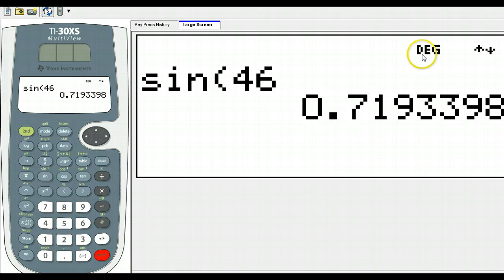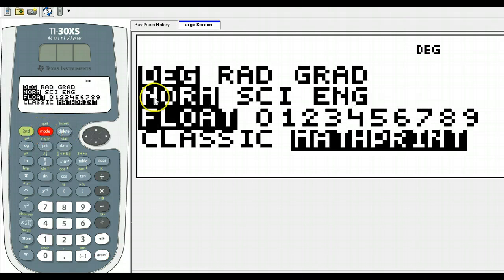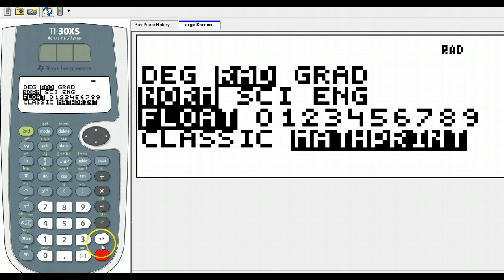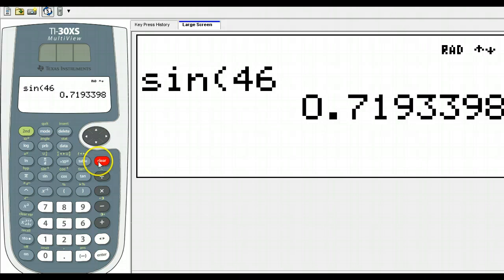See in this part of the screen where it says DEG. That stands for degrees. There are two different ways to measure angles. One of them is degrees, and one of them is called radians. And if we go into the mode of your calculator, you can switch back and forth between degrees and radians.